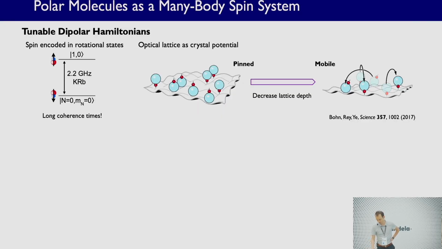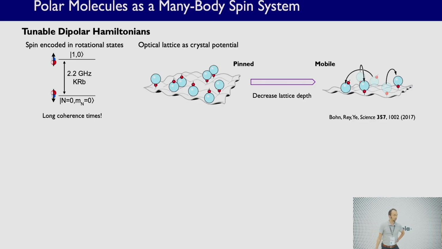Well, we use ultracold KRB, and we encode a spin onto the first two rotational states of KRB, which has a splitting of about 2.2 gigahertz. We load them into a lattice, which, of course, we can tune the tunneling rate depending on the intensity of the beams used.